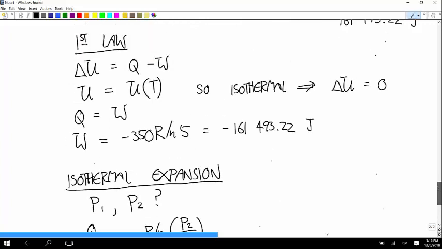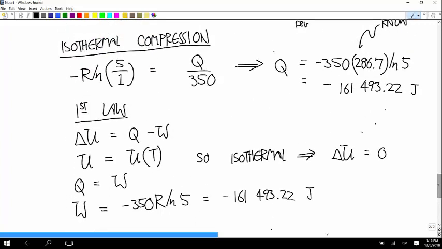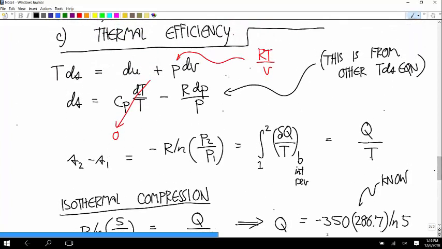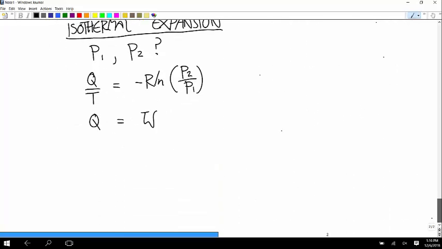Okay, so let's start with this equation, the TDS equation.